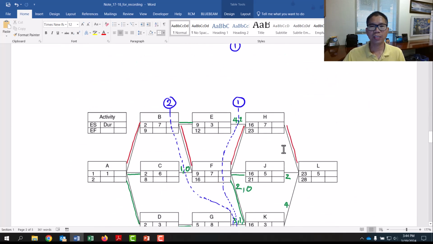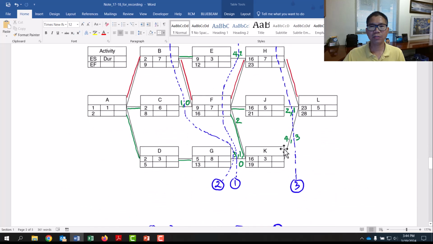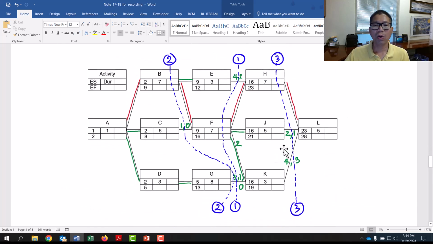Or you can see now after this cut, because C also cuts through B, we have 3 days.